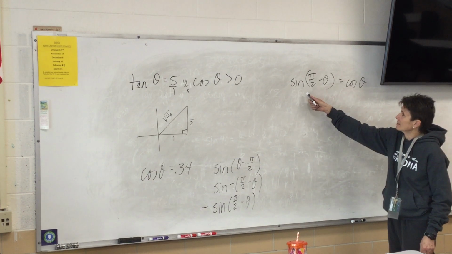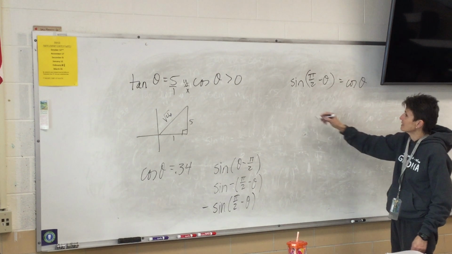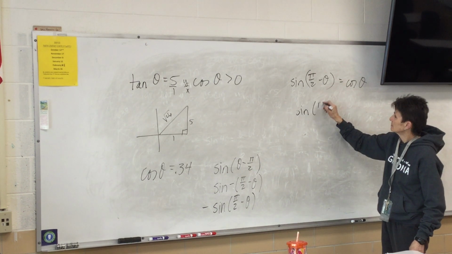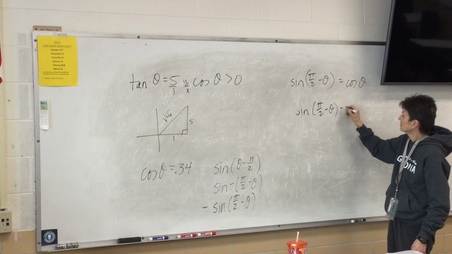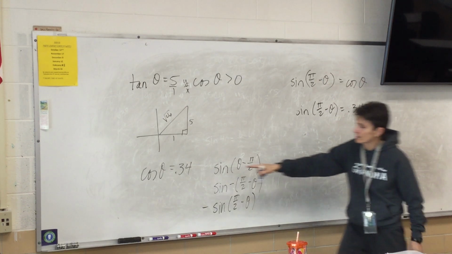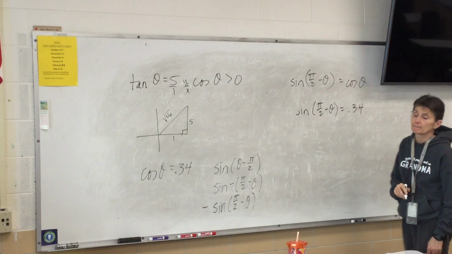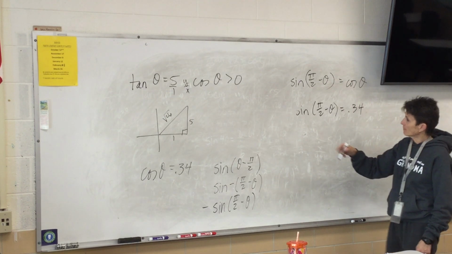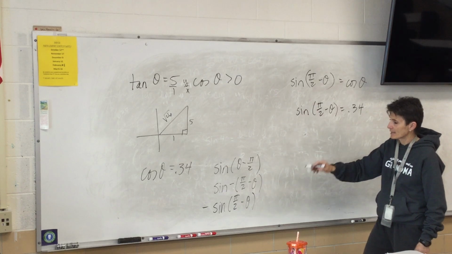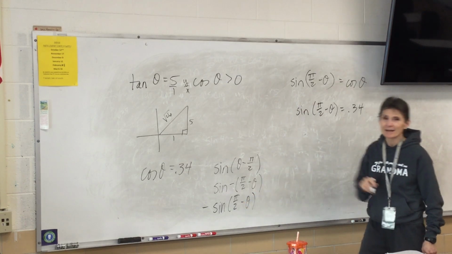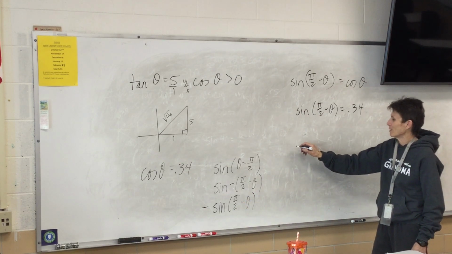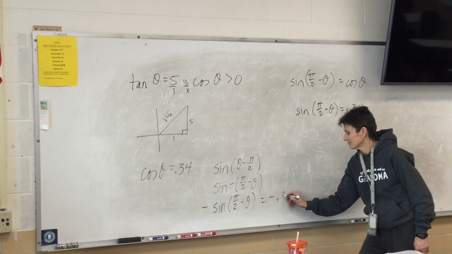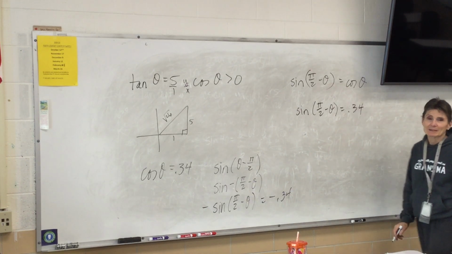So I know that the sine of pi over 2 minus theta is 0.34, because they told me the cosine was 0.34. That's fact. But in this problem, I don't want the positive sine, I want the negative sine. So the answer to the problem is negative 0.34.